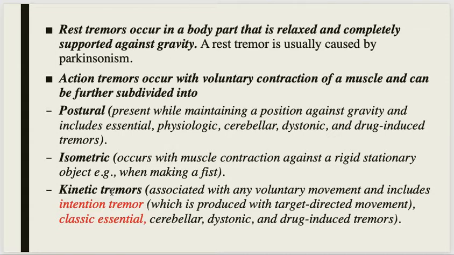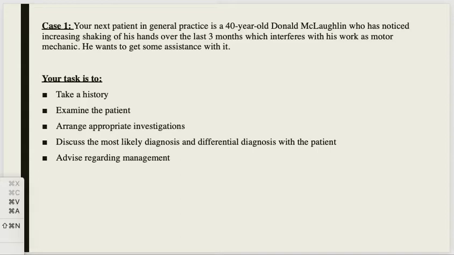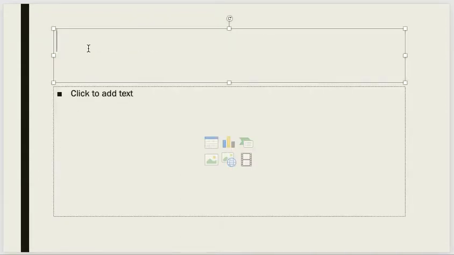Okay, so let me tell you, if you know these things, then how we take the history of tremors. You can see over here how to take the history of tremor.